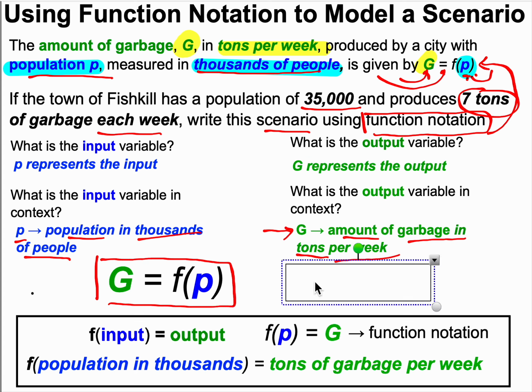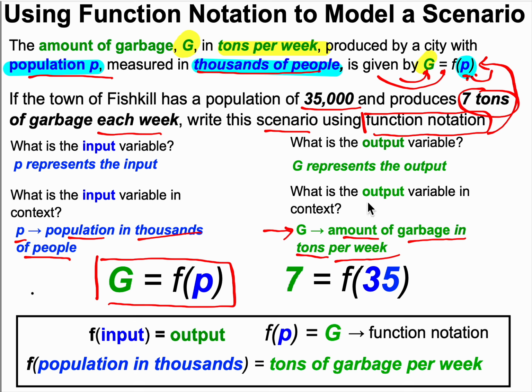So if we want to translate this scenario, well, first I want to say, okay, population is 35,000, but each P represents 1,000 people. And then G represents tons of garbage per week. So here's how I would write it in function notation. Okay, this is 35,000, but each P represents 1,000.